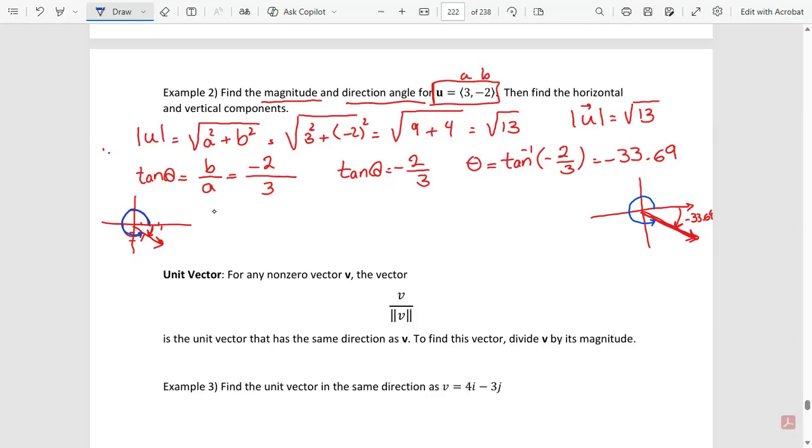And if we subtract this from 360, we get 326.31. So this is the direction angle for this vector.